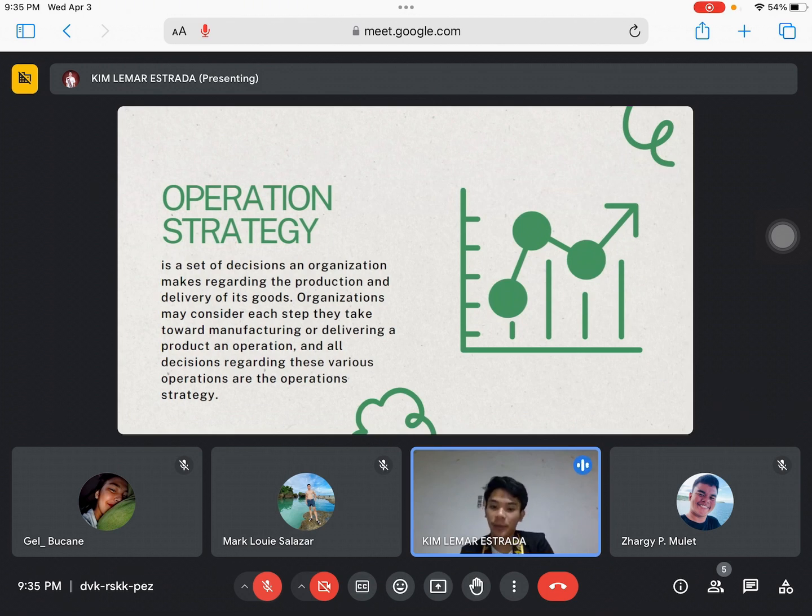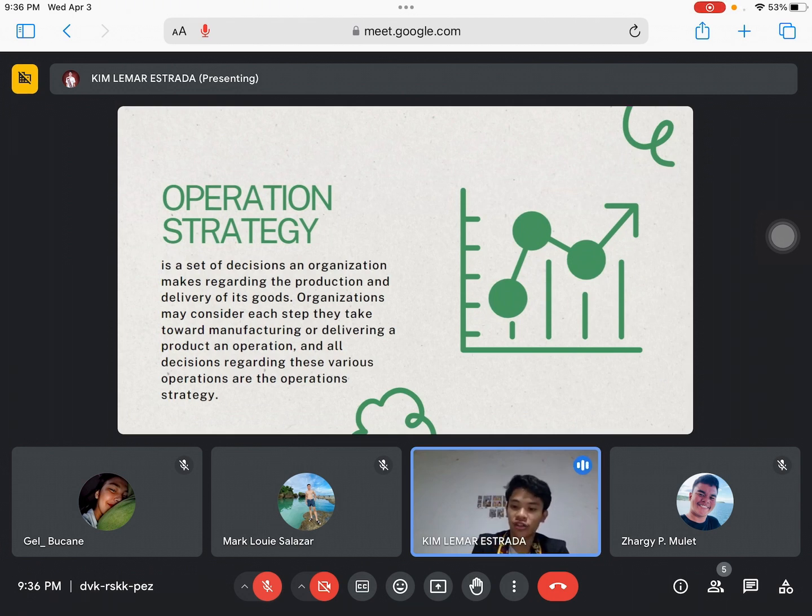So operation strategy is useful in every operation or step that you do, for example, in production, delivering, or manufacturing. In every step, you do operation strategy so that you can improve or maintain the quality of each product and also the services that we do in delivering our product in our target market.